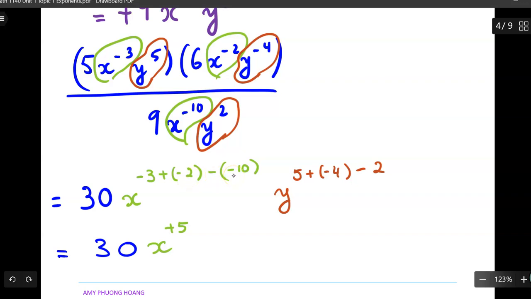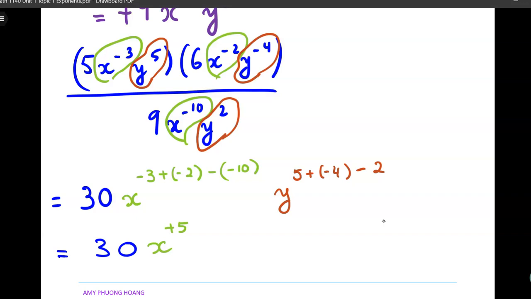So that will be positive 5. And now you take 5, subtract 4, which is 1. And then 1 subtract 2, you should have a negative 1. So it will be y to the negative 1.